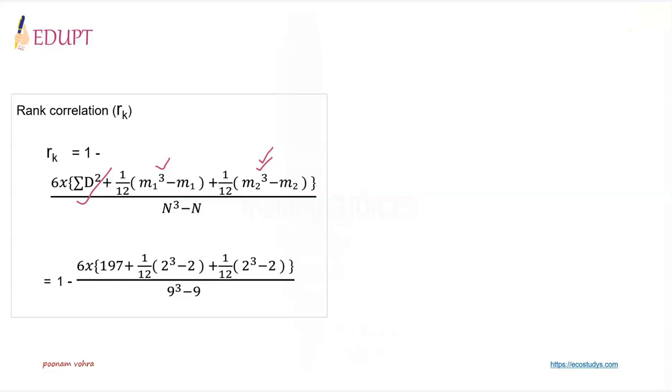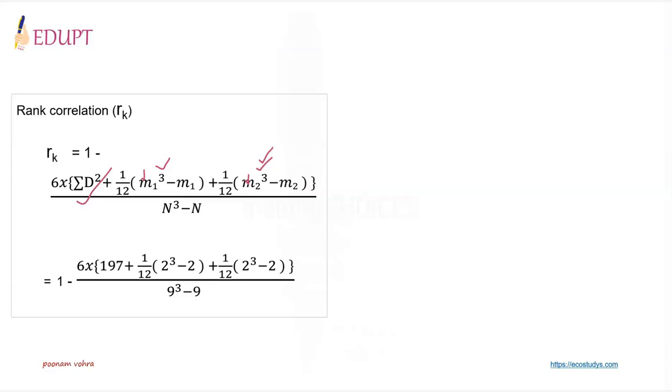M implies the number of repetitions of ranks, where m1 is the first set of repeated ranks, m2 is the second set of repeated ranks. Now in this case, two values are repeated two times, that is one in one series and the other one in the other series.